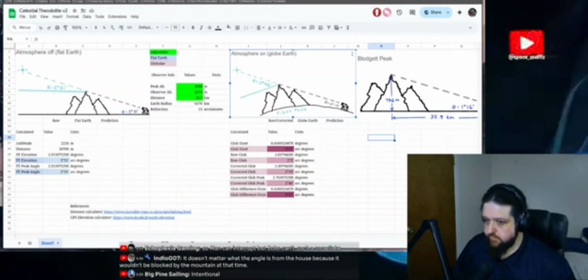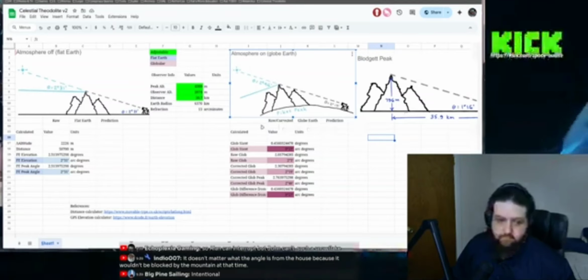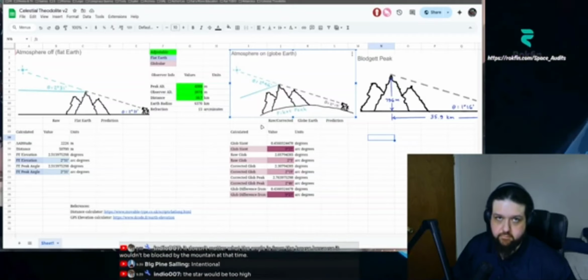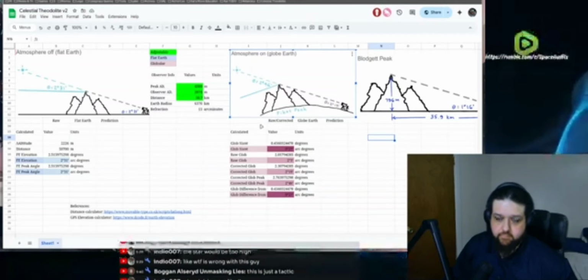For your procedure, you find a peak, you calculate the flat Earth angle to that peak, and you look for a star that will be occluded by that peak.